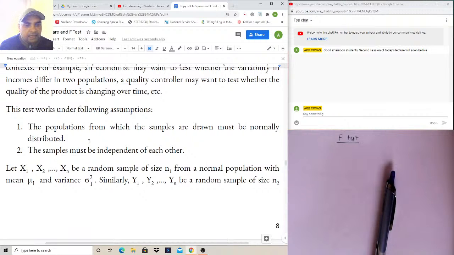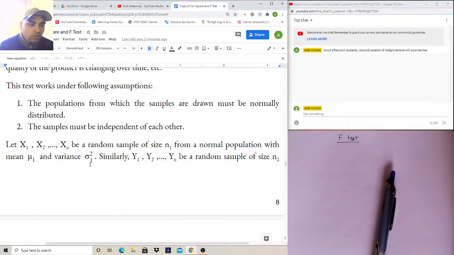Second, the samples must be independent of each other. Earlier we were discussing one sample; here we will be discussing two samples. Let x1, x2, ..., xn1 be a random sample of size n1 from a normal population with mean mu1 and variance sigma1 square.